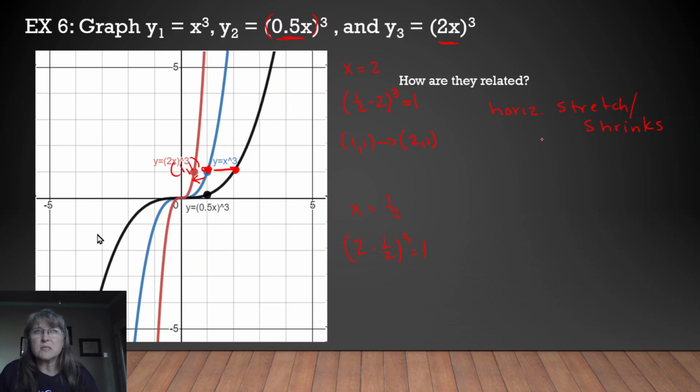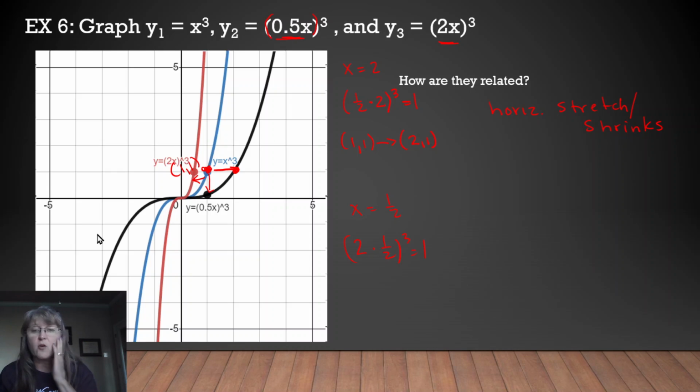Okay, now the interesting thing is when we look at them visually, sometimes I could say, well, this point is being pushed down. So sometimes we can describe a horizontal stretch or shrink as a vertical one. Anytime we're squishing something this way, it's going to look like it gets pulled. And anytime we're pulling outward, it's going to look like it gets flatter.